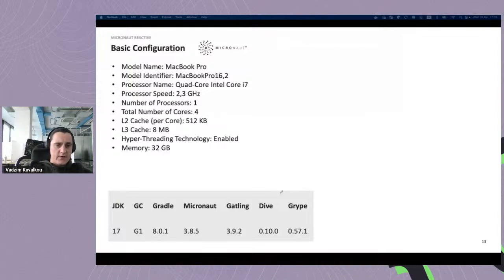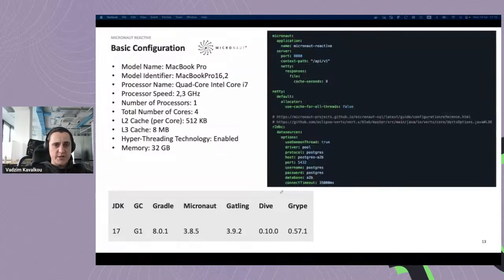Yeah, I know it's currently 8.1 version, and they have great improvements for caching performance, and Micronaut 3.8.5, Gatling 3.9.2, Dive and Grype to dive into the Docker images and scan them for different vulnerabilities. And this is the application YAML. It's pretty simple to understand, and it's enough to boot up your application.